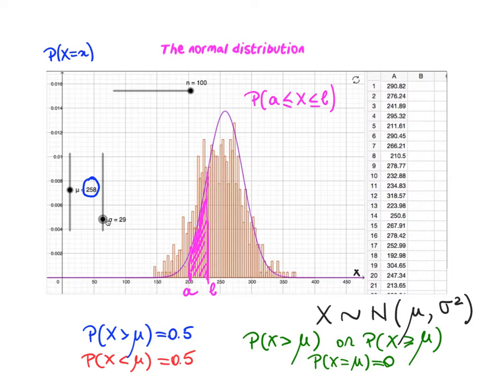And I know in pure maths you do calculus and you use integrals. Here I'm not going to use integrals, we're going to use a table of values to find the probabilities, but that's our aim, to use this shape and find probabilities.